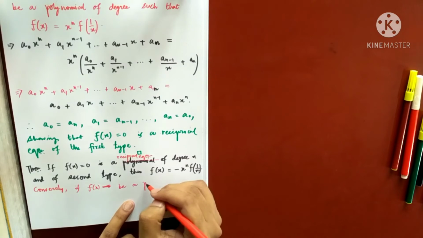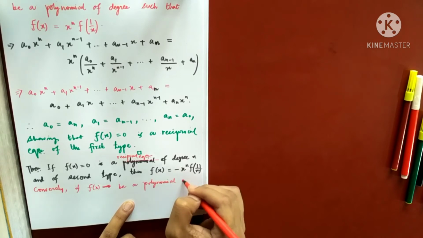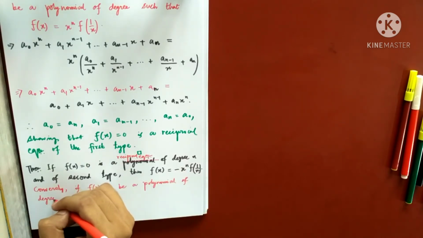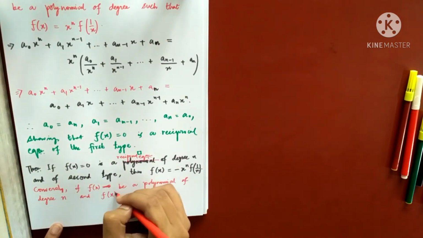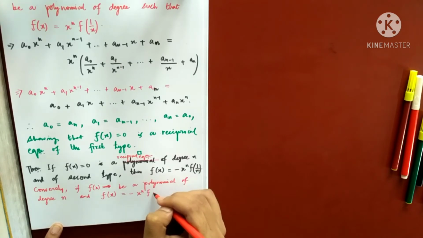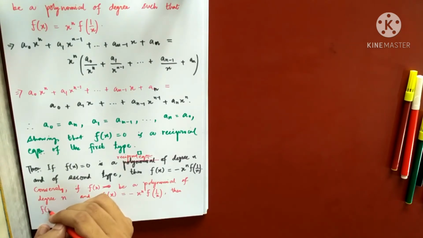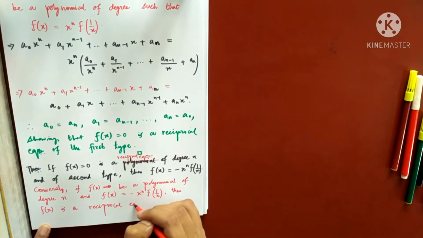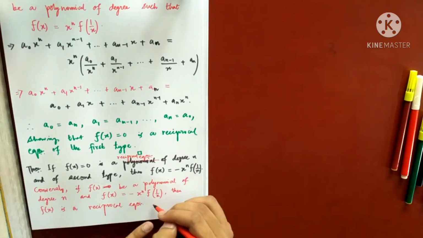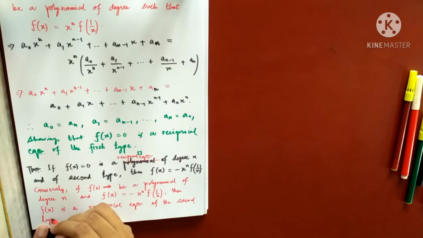Conversely, if f(x) be a polynomial of degree n, and if f(x) can be written as minus x to the power n f of 1 by x, then f(x) is a reciprocal equation of the second type. So the proof is left up to you, because the proof is exactly similar.